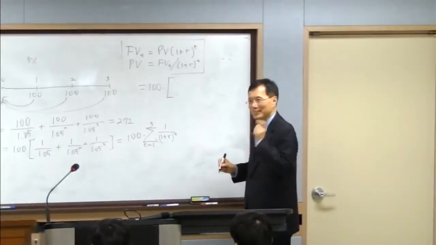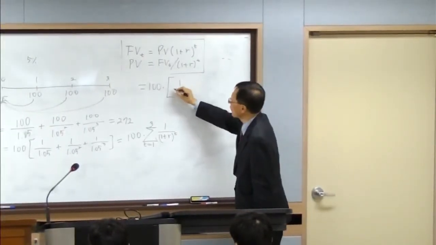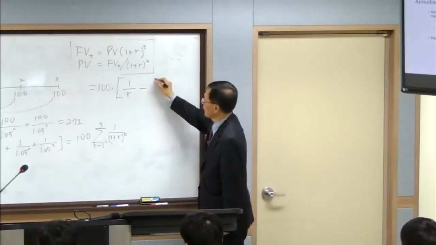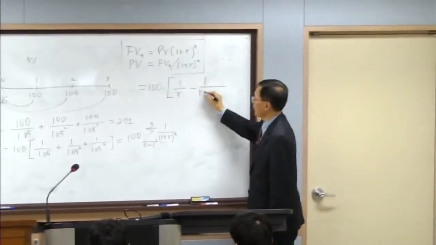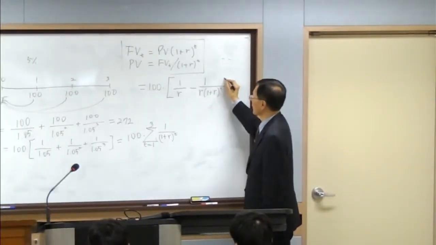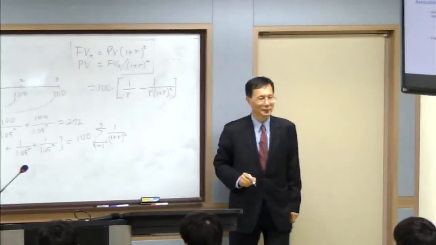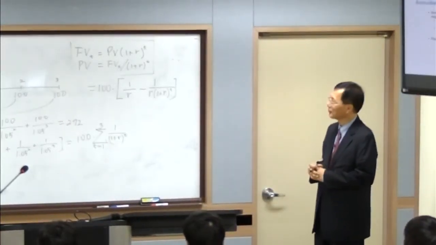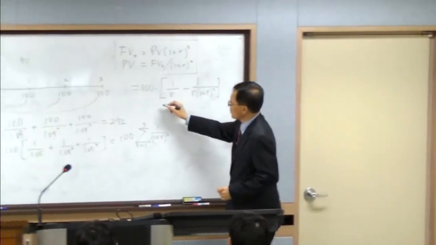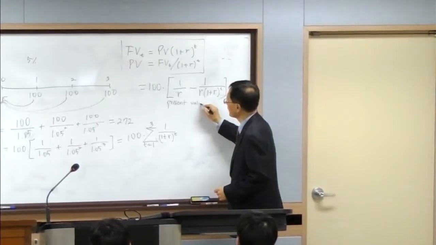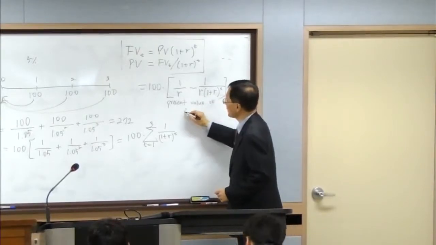This is another one that you should memorize: 1 over r minus 1 over r times (1 plus r) to the tth power. Done. This is the present value of an annuity.